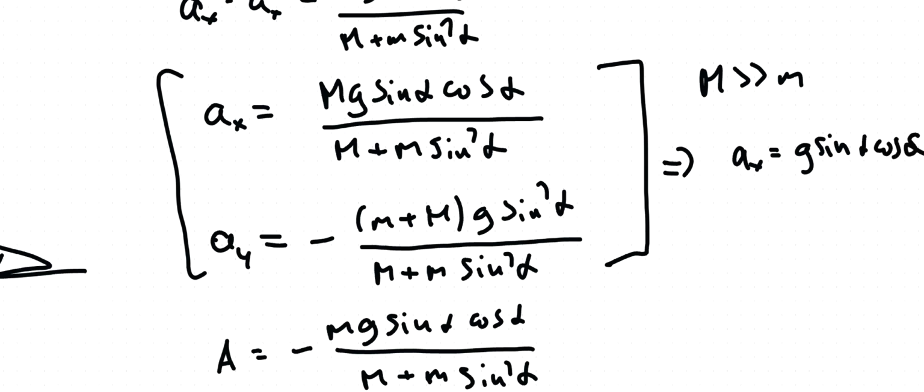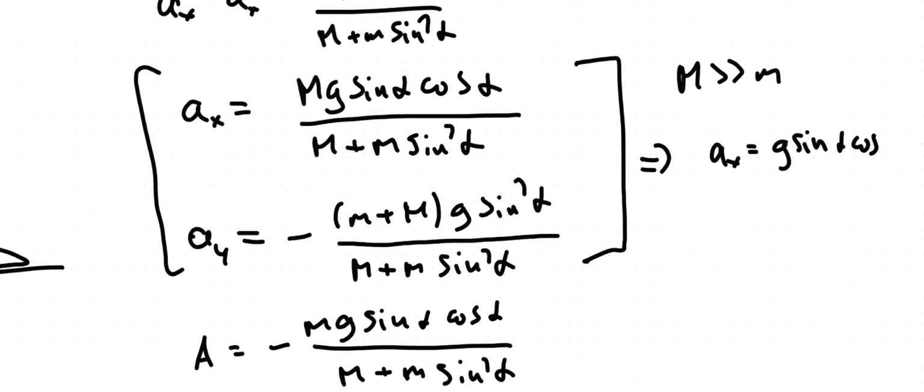Sorry, that was not very successful, so I'm going to redo it, and let me move the screen a little bit. So g sine alpha cosine alpha. What happens with ay? Capital M dominates here and here, so I'm going to get a minus g sine squared alpha.